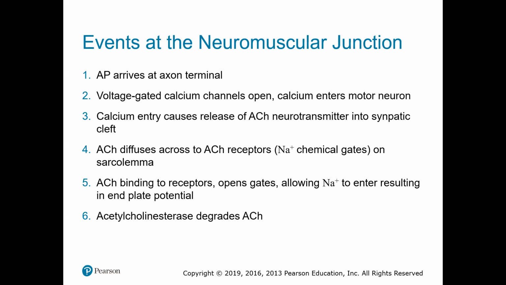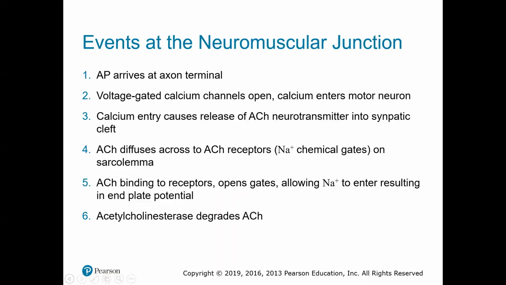The action potential causes them to open up and allow calcium to come into the terminal bud, the bulb, if you will. The presence of calcium causes the vesicles containing acetylcholine to fuse with the cell membrane of the axon terminal and release the acetylcholine into the synaptic cleft.